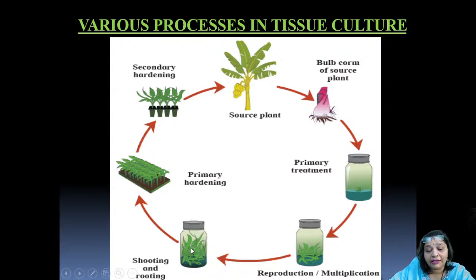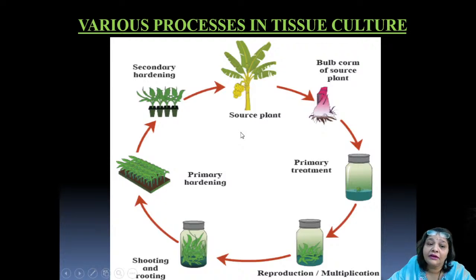Now, these small plantlets are slowly taken up for primary hardening, and in course of time they can withstand the soil conditions outside the lab, outside the controlled conditions in the natural environment, and slowly transfer to pots and later on to the fields under secondary hardening, wherein the plants which were grown in controlled conditions slowly get acclimatized to the natural conditions.